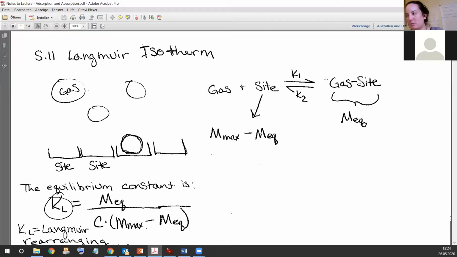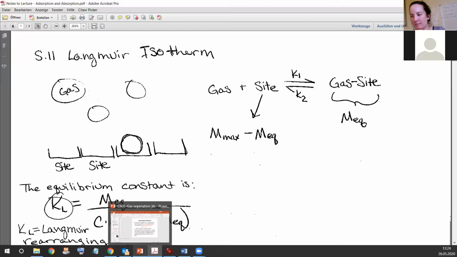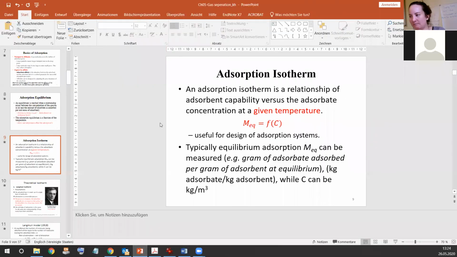And at equilibrium, there's a certain number of sites that are occupied. So the number of sites available is the maximum minus those that are occupied. And this is an equilibrium value. You can imagine that if the pressure is higher or the concentration is higher, then in tendency more of these sites will get bound. Okay, so this is the basic setup.